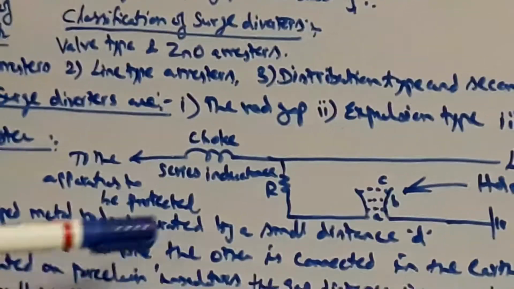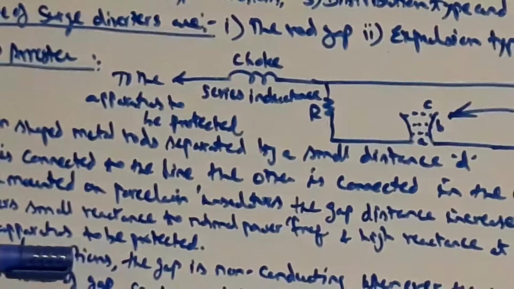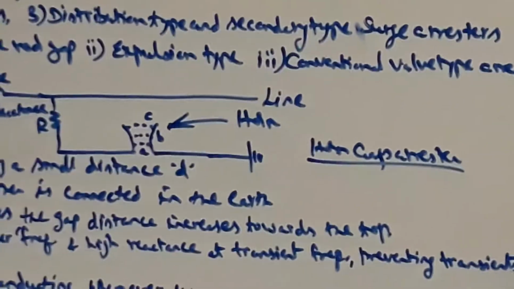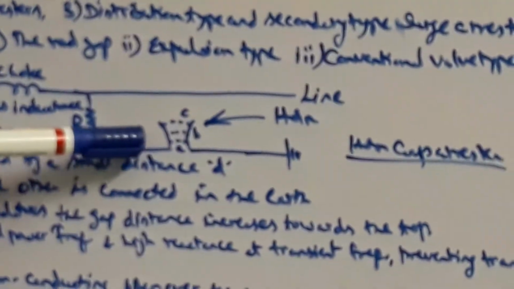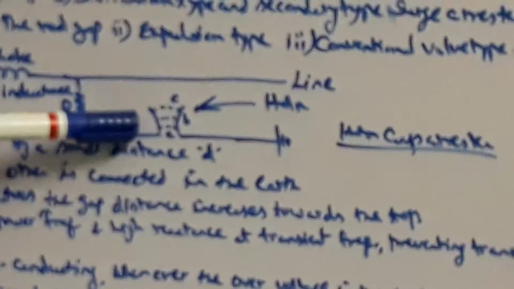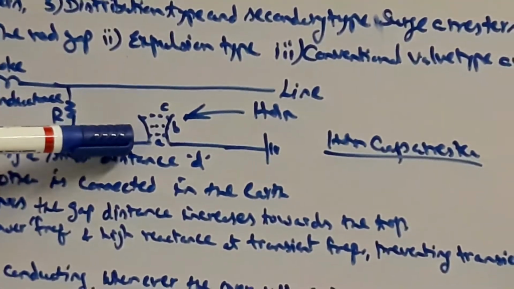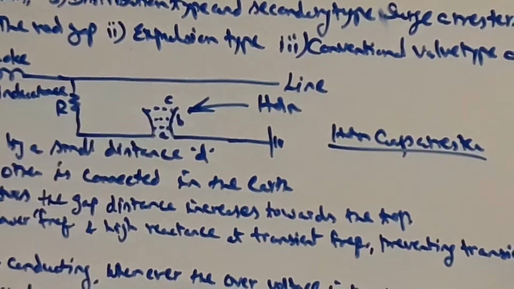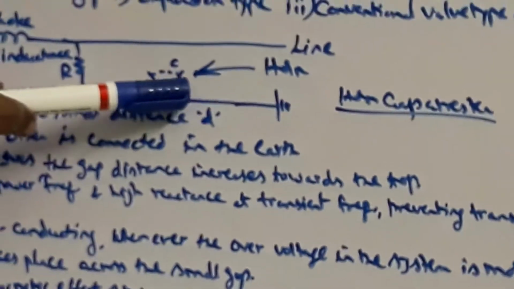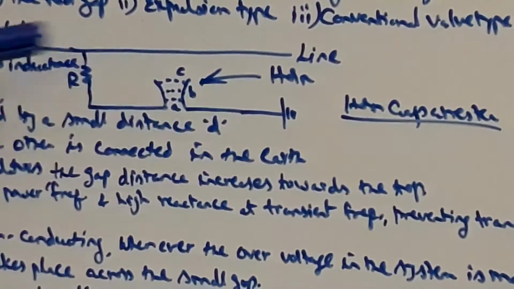Now coming to the normal conditions, the gap is non-conducting because the system voltage under normal working conditions is small. It is not sufficient to initiate an arc in the gap of the horn gap arrestor.